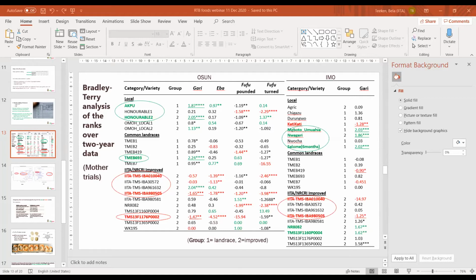The G/E effect for the different regions, I've highlighted already: in the situation where there's less processing, less fermentation involved, you see very different relations to dry matter, Gari yields and fresh yields. So it seems that for the case where there's a lot of fermentation, you have to have other varieties that are best for Gari than in IMO.